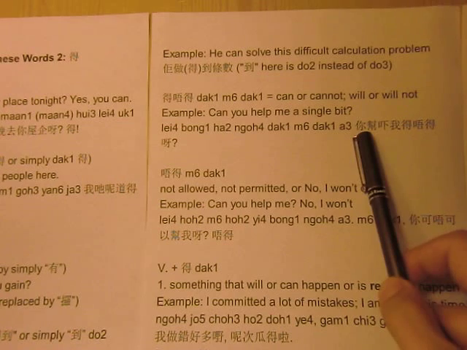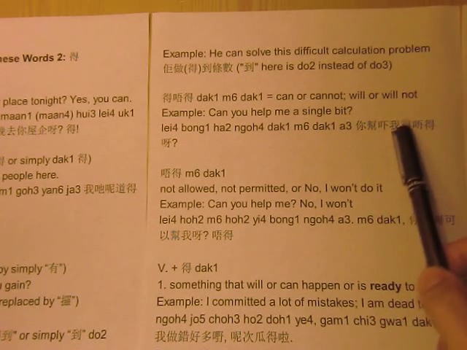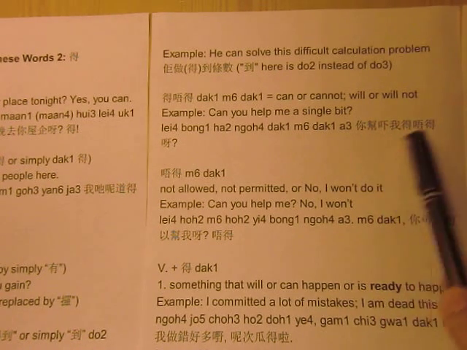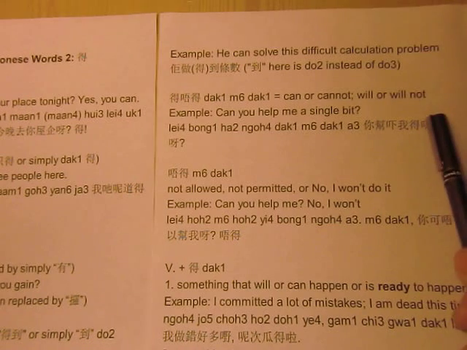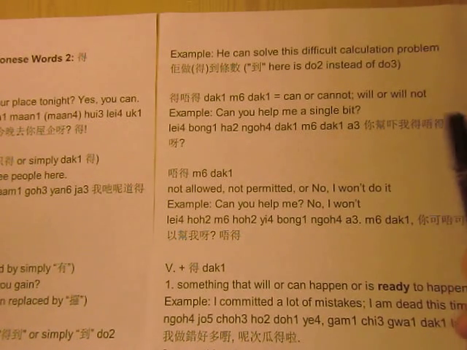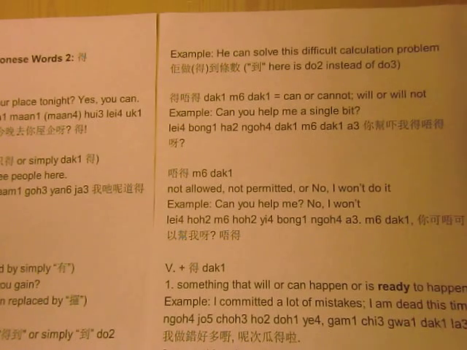你幫下我得唔得? So when you try to ask a question of can, there are two forms. The first form I just mentioned is 可唔可以. The second form is 得唔得. But when you say 得唔得, you put it towards the end, not in front of the verb.